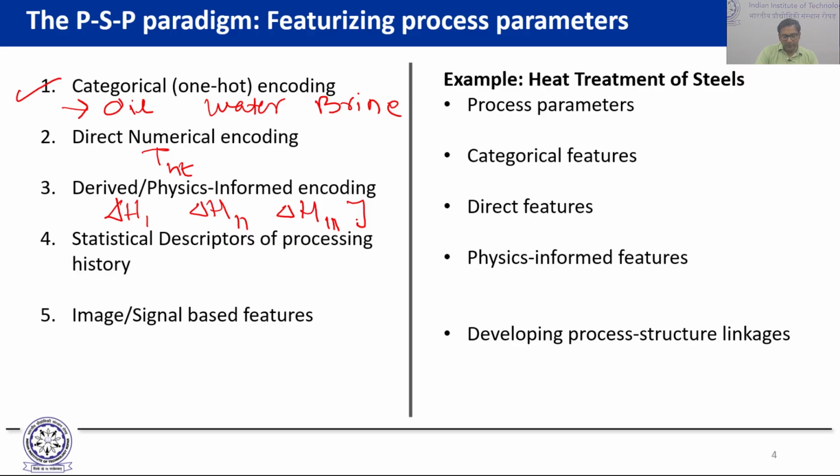So this would be a way in which you can actually do some sort of physics informed encoding by using features which are calculated using physical principles. Then of course you could have some statistical distribution of processing history.